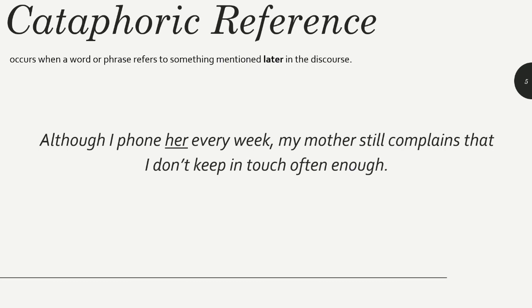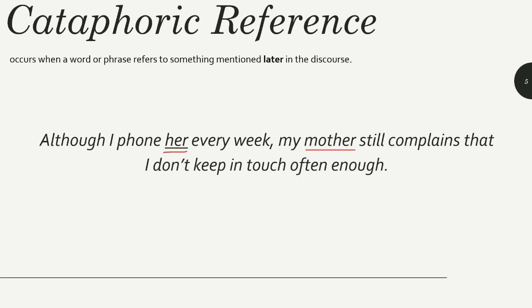Next, cataphoric reference. Cataphoric reference occurs when a word or phrase refers to something mentioned later in the discourse or sentence. The example: although I phone her every week, my mother still complains that I don't keep in touch often enough. So, although I phone her, her, and mother.